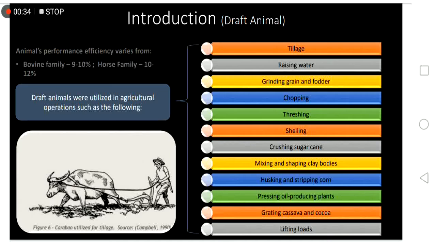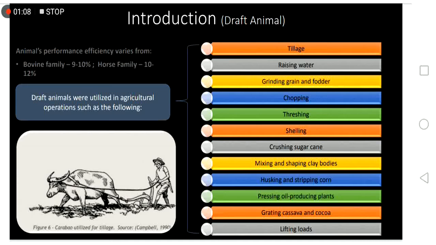For the bovine family, the animal's performance efficiency varies from 9 to 10%. For the horse family, it varies from 10 to 12%. So we can see here that the horse family is more efficient in terms of the animal's performance.